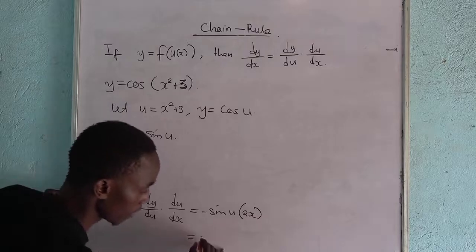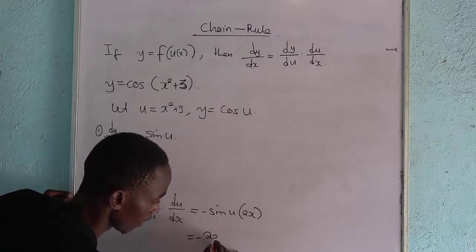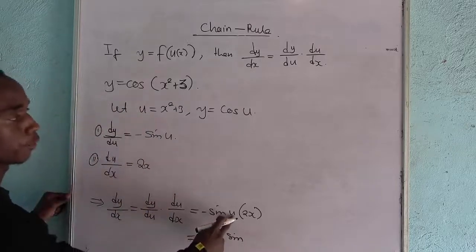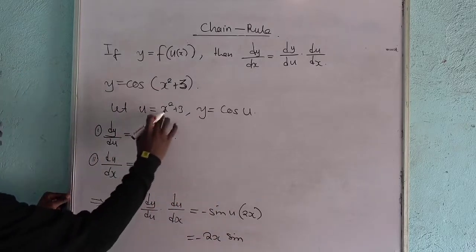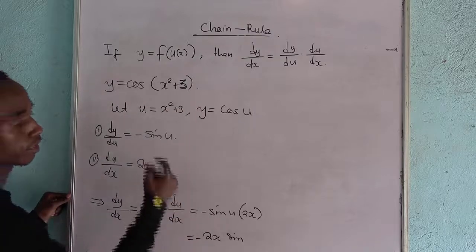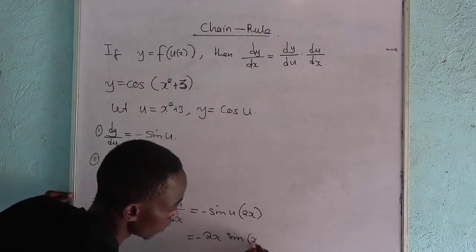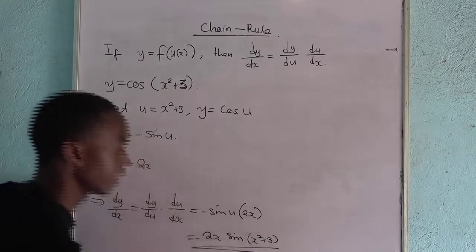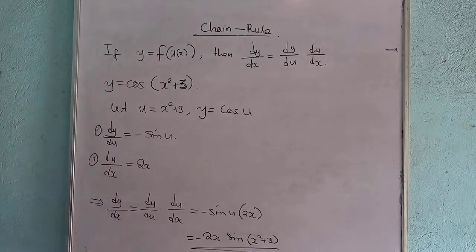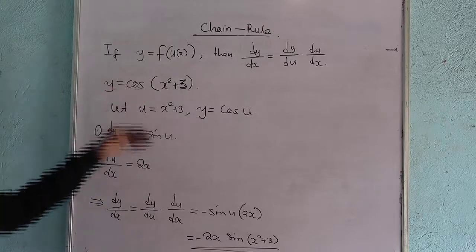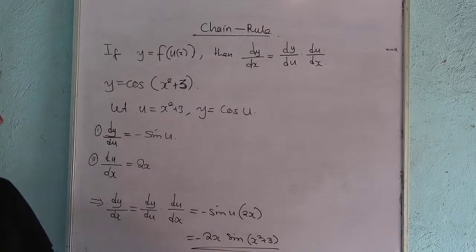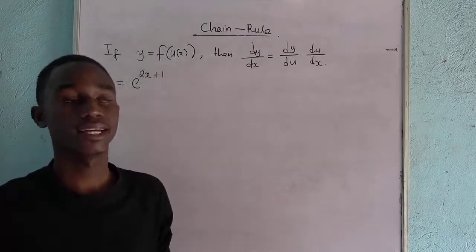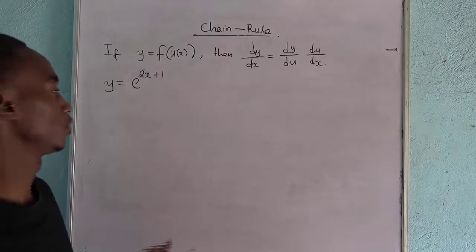This will become negative 2x sine. Where there's a u here, we have defined u to be x squared plus 3, so we're going to write our x squared plus 3. This then becomes your final solution for differentiating this function, which is negative 2x multiplied by sine of x squared plus 3. So here is another example solved based on the chain rule.